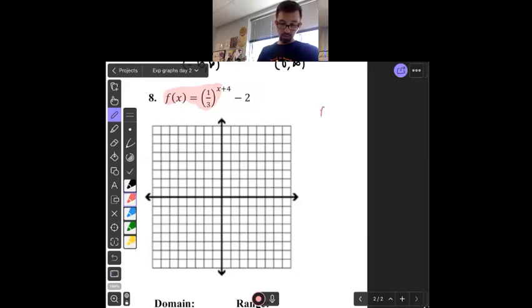So I'm going to make a table. Same 3 values. Chad, what's 1/3 to the 1 power? One-third. Okay. Easy. Jasmine, what's 1/3 to the 0 power? Good. 1.